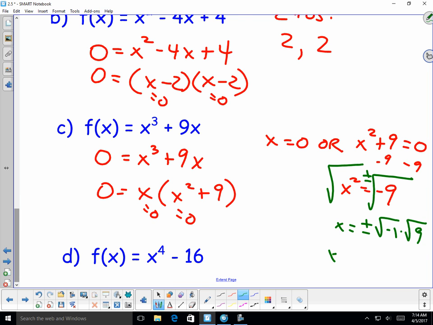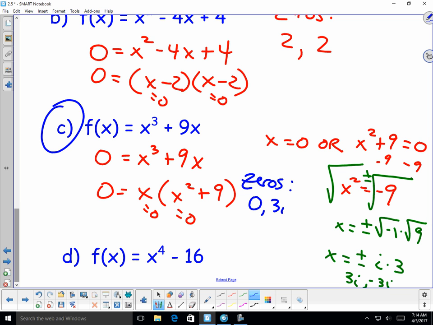And that would leave us with x equaling plus or minus i times 3, or 3i and negative 3i. So if I'm going to list all my zeros for this example C, my zeros would be 0, 3i, and negative 3i. I have 3 zeros, and it was a degree 3 polynomial function. 1 was real, 2 were imaginary.